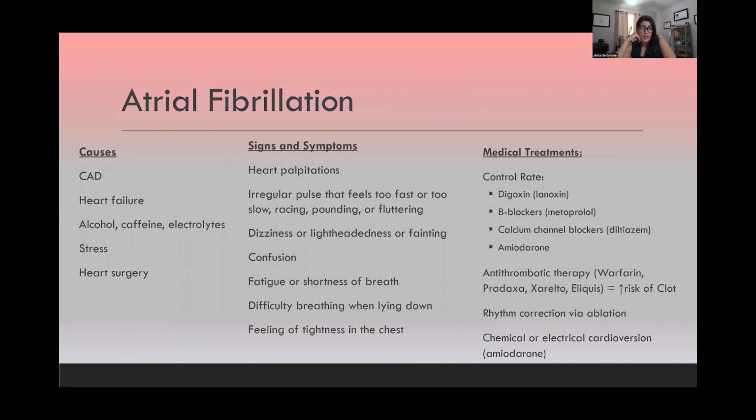They need to be on an anticoagulant or antithrombotic therapy, same as a flutter, to prevent clots because they're at high risk for clots. And also, to basically fix it forever, they can have an ablation, again, burning that little tissue that is irritated in the heart so that it doesn't happen again.